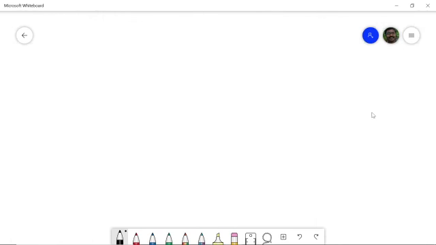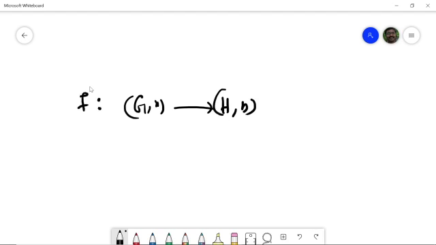Consider the set G with star, and I am going to take another set H with delta. These are groups basically, and I am considering a function from this. Let the identity element in G be denoted by the symbol eG, and let the identity element in H be denoted by the symbol eH.